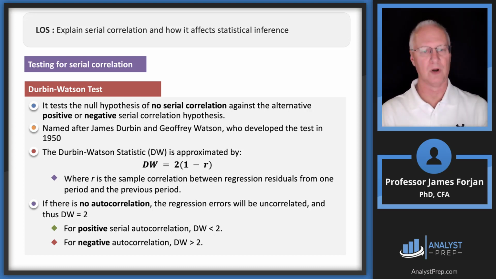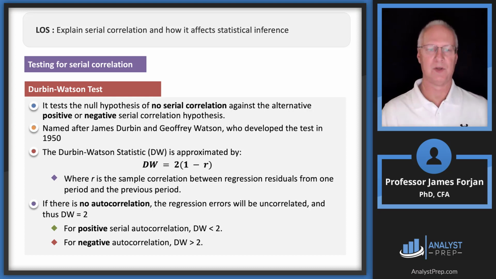Now, make sure you're aware that that correlation is between the residuals from the regression from one period to the next period or previous periods. So think about my number of times I cut my grass. We're doing the residuals in January and the residuals in February, which are going to be 0 because there's no cutting of the grass. But of course, they're probably going to be related from June to July and then July to August.